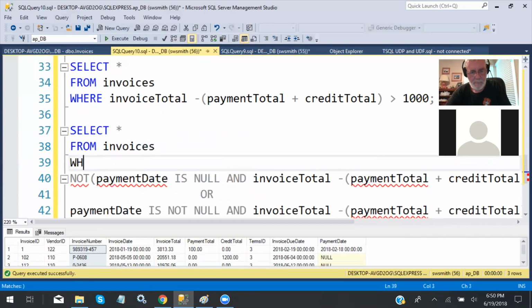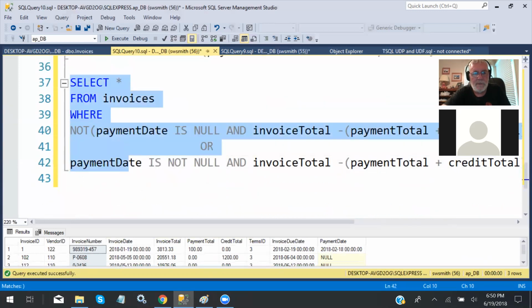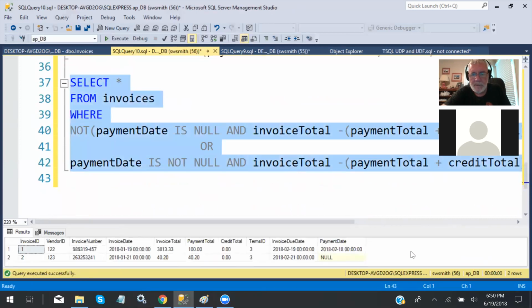If we go back to the... I think that this should bring us up with the 2 records right now. And there's my 2 records. So invoice ID 1 and invoice ID 2 are invalid records by these criteria.